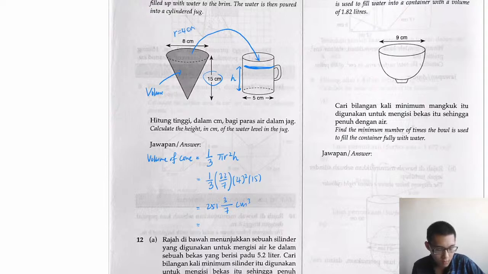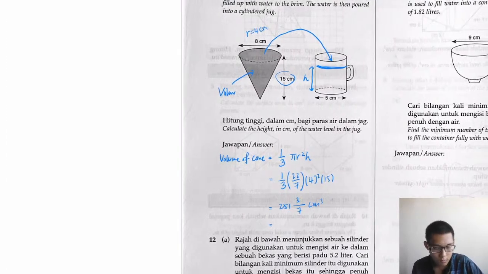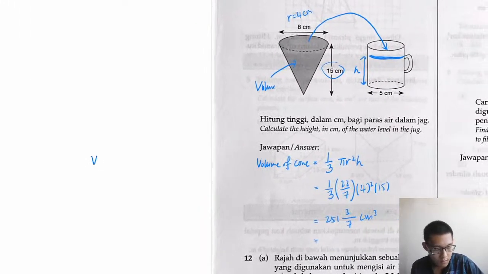The cylinder volume, how do we calculate the cylinder volume? So I use this way. The smaller cylinder is equal to πr²h. Just now we had 1/3, now we don't need 1/3.